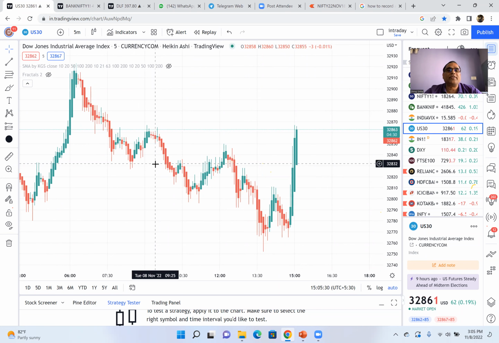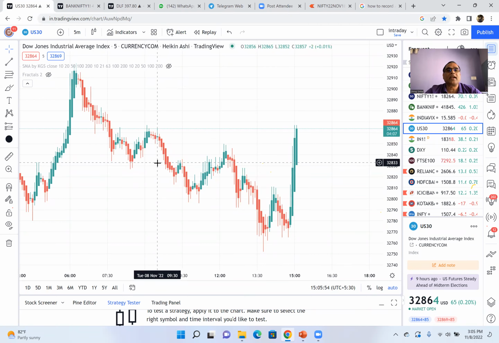At 9:25, if you look at the low of this alert candle, that is 32854. Close of this was 32855. You still did not get the confirmation, so you didn't do anything. You looked at the next candle.